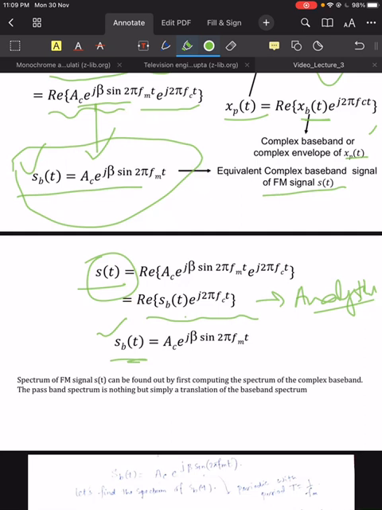I have to compute that part, and then s(t) is a passband signal. So the passband spectrum of s(t) is simply a frequency translation of the baseband spectrum, because it is multiplied by e to the power j 2π f_c t.